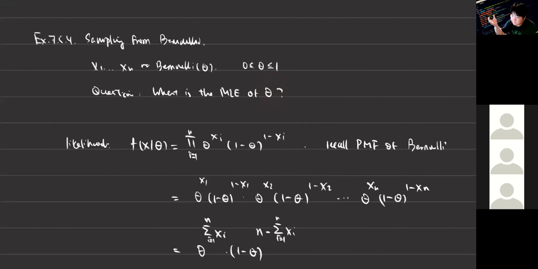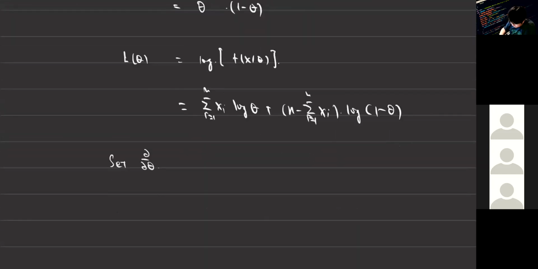That's what we're interested in. All right, so partial theta of what? Of your L of theta, the log likelihood function that we just found. All right, and we want to set that to 0 and solve it.